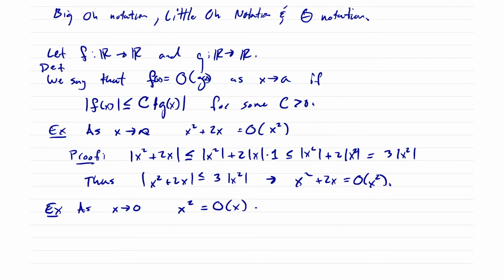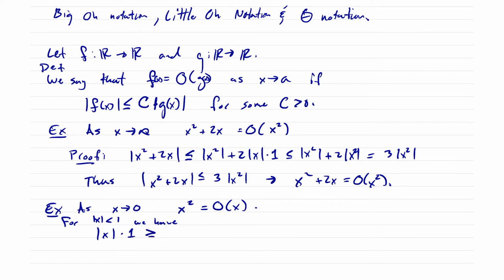Well, it's not too bad. The absolute value of x, you can think of it as being absolute value of x times 1. And as x goes to 0, we'll just say for absolute value of x less than 1, and we can stay less than 1 as much as we like, the absolute value of x times 1, if you replace 1 with x, then it actually shrinks.